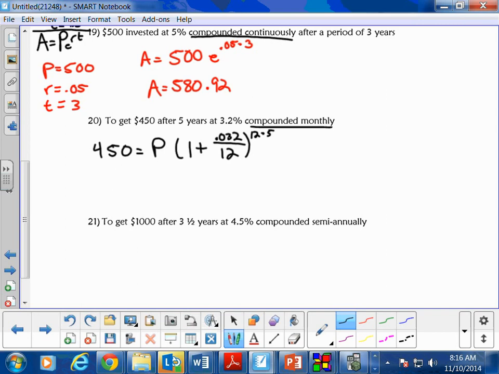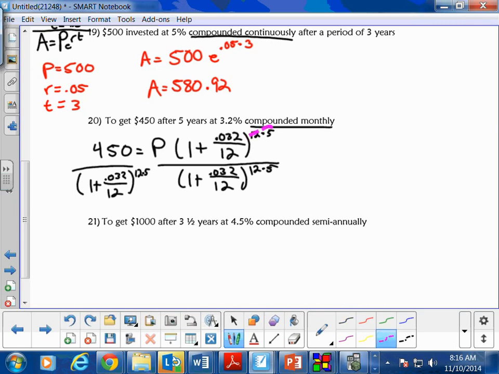Now, these are easy because all you have to do is divide by the whole amount: divide by 1 plus 0.032 over 12, to the 12 times 5. And this will cancel, and you know what P is. You can also use the applications menu to verify.